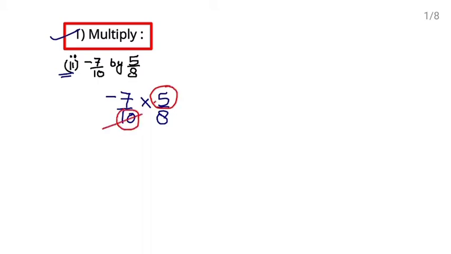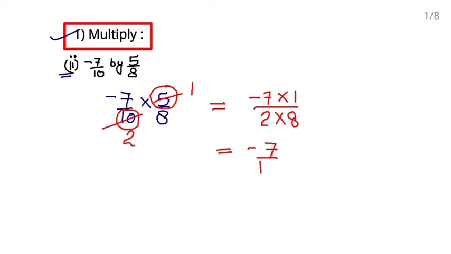So cut them. 5 ones are 5, 5 twos are 10. So what you are having is minus 7 multiply 1 in the numerator, 2 multiply 8 in the denominator. So what is it? 7 ones are 7 with a minus sign. 8 twos are 16. So this is your answer.